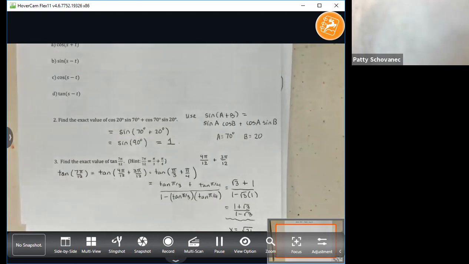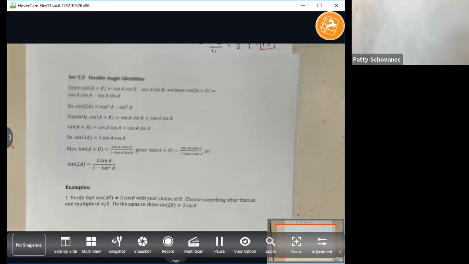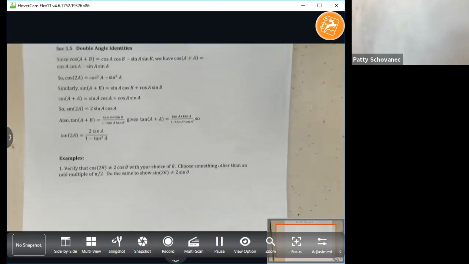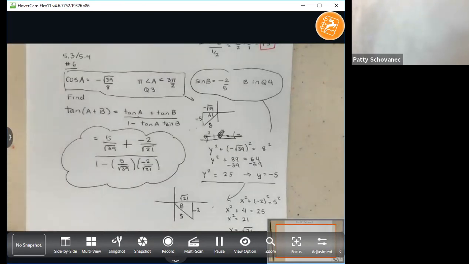So that's how we use the sum and difference formulas. Now I'm going to use the sum and difference formulas to generate new formulas for you in section 5.5. Yep, in 5.5, and then in 5.6 we'll get half angle formulas. So let me start a new page.